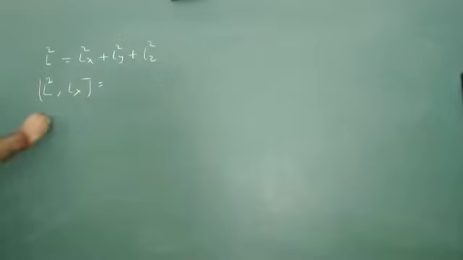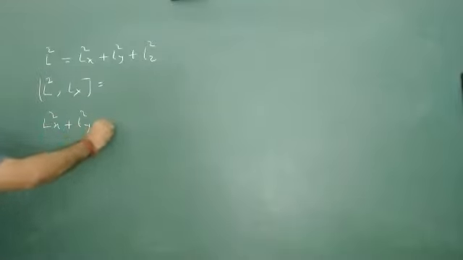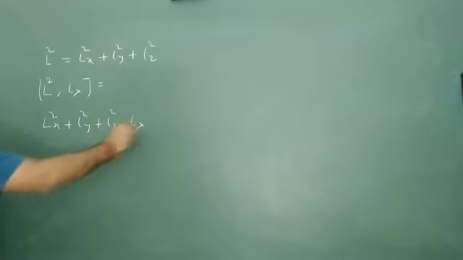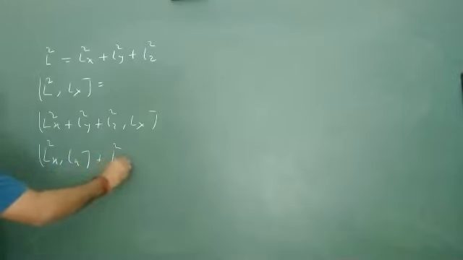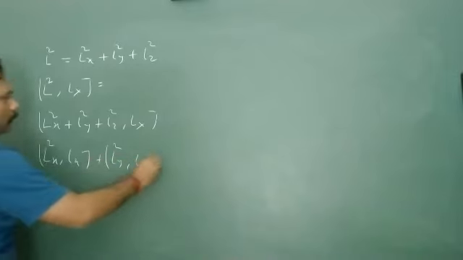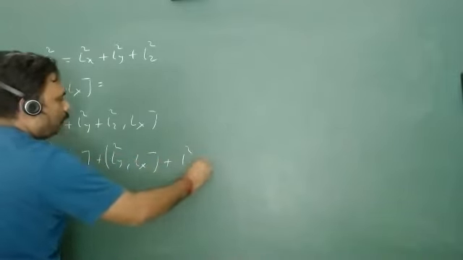So we have Lx square plus Ly square plus Lz square with Lx: Lx square Lx, plus Ly square Lx, plus Lz square Lx.